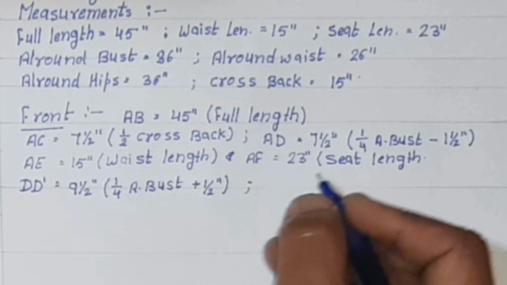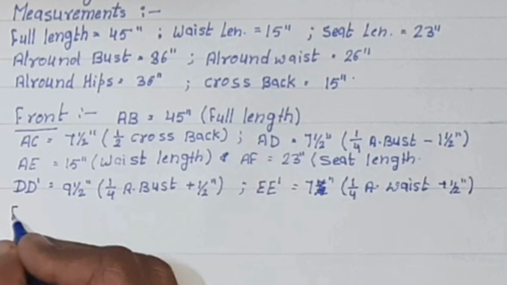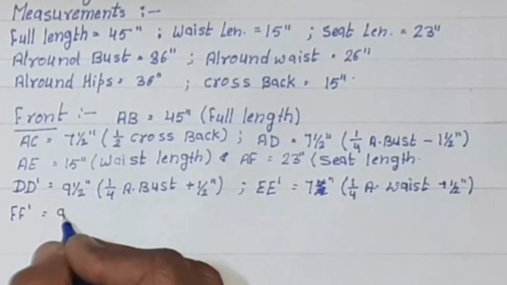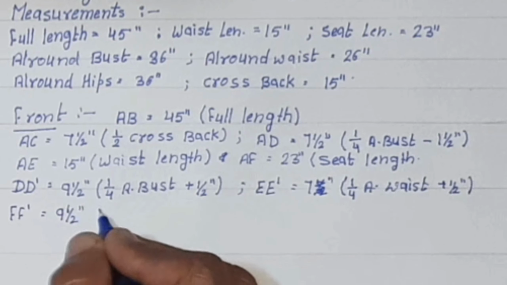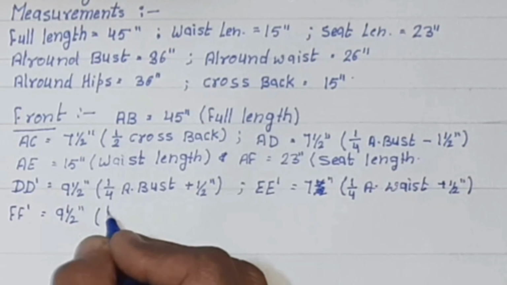In the same manner, E to E dash is equal to 7 inches, that is 1/4 of the all round waist plus ease, that is half inch. And F to F dash is equal to 9.5 inches, that means 1/4 of the all round hips plus half inch for the ease.